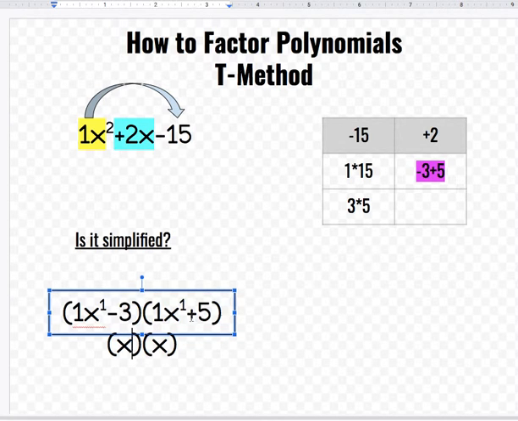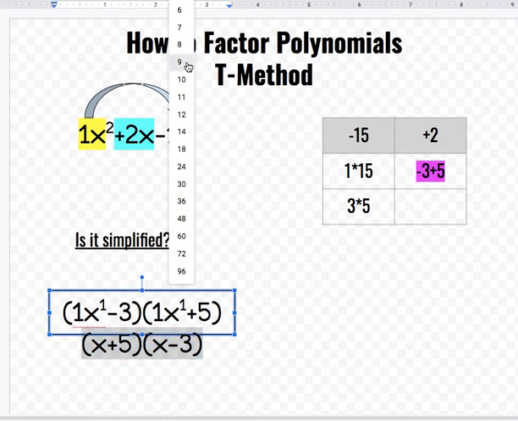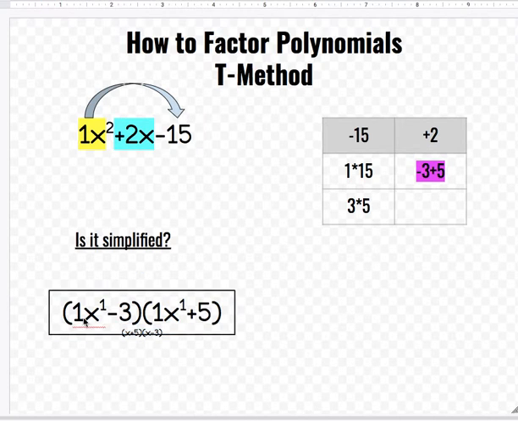So you can have x minus 3, or it could also be x plus 5 first, and x minus 3. Both of those are exactly the same thing. Put it small so you know that they're both equal to each other.